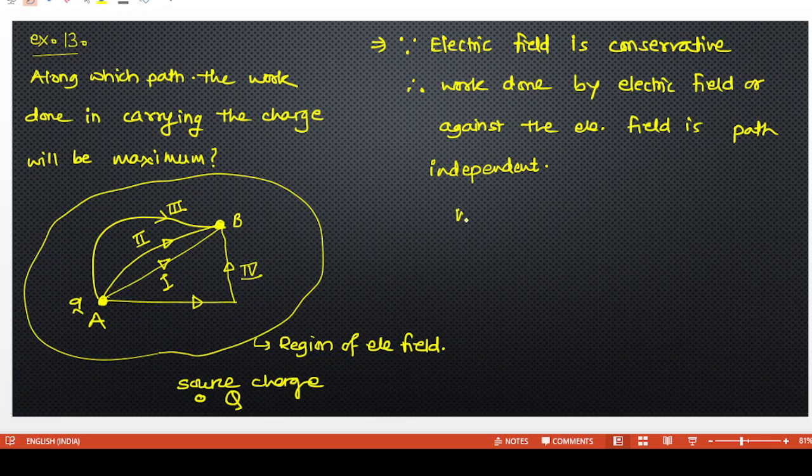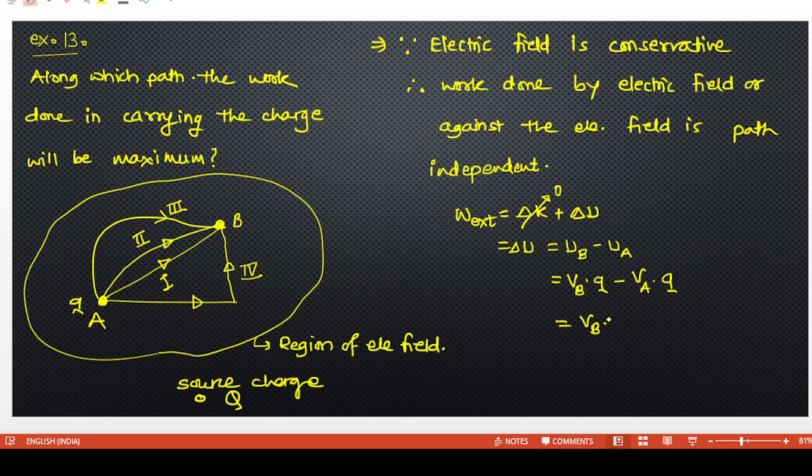What was the formula? Work done by the external force on charge q is equal to the change in its kinetic energy plus the change in its potential energy. If you do the work without accelerating it, it is simply the change in potential energy. You can write it as potential energy at the final point minus potential energy at the initial point. Potential energy at the final point is potential at the final point into charge minus potential at the initial point into charge.